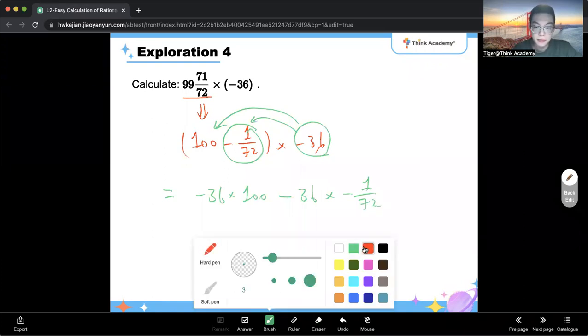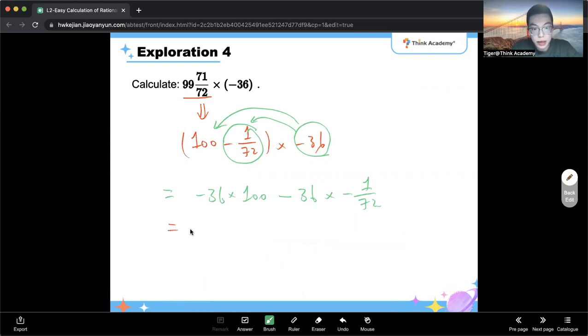All right. So for minus 36 times 100, we have minus 3,600. And then if I have minus 36 times minus 1/72, I have adding, and that simplifies into 1 over 2. So we are adding a half. What is minus 3,600 adding a half?